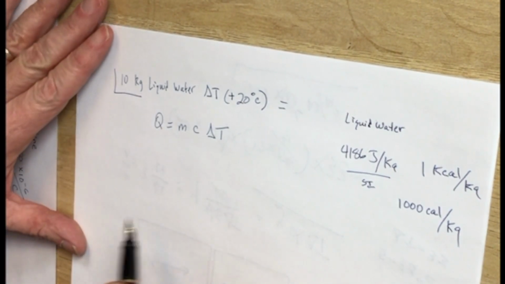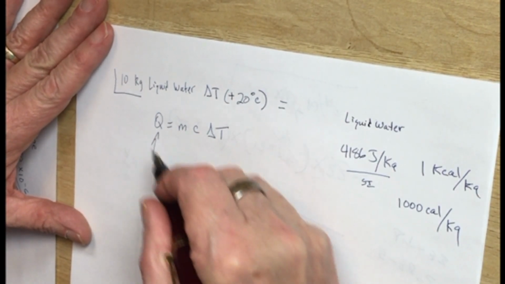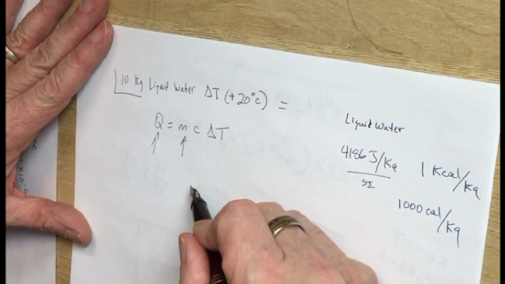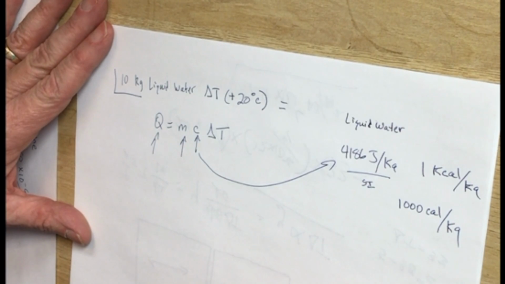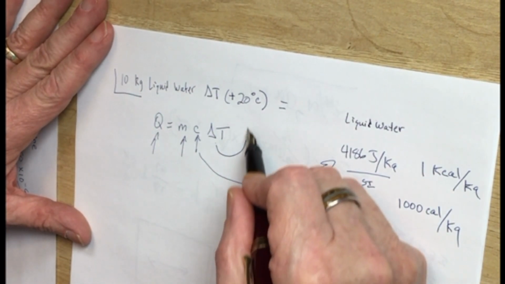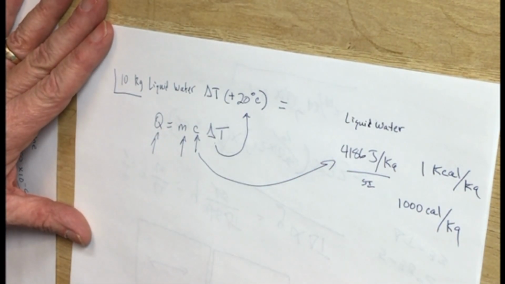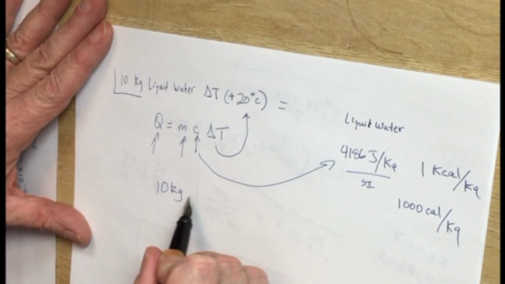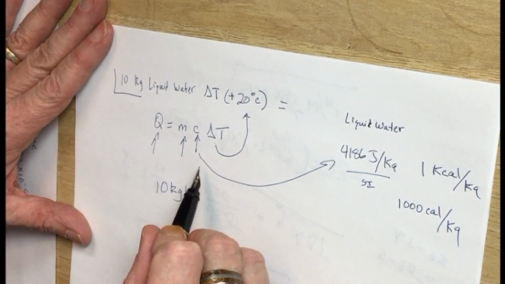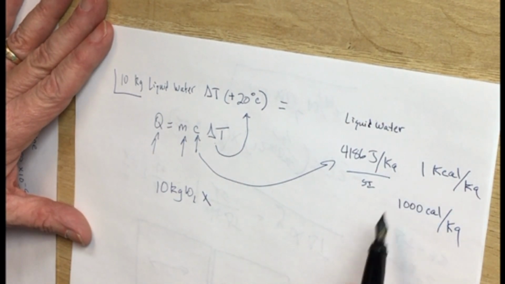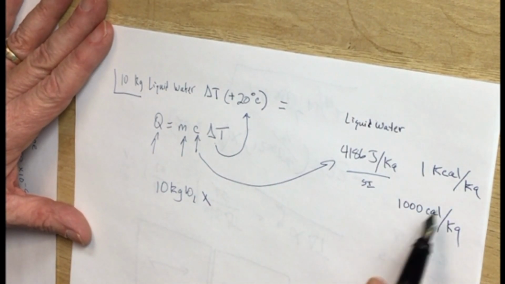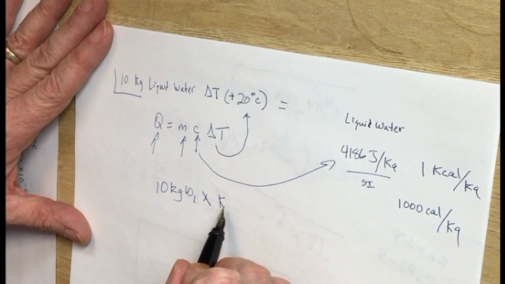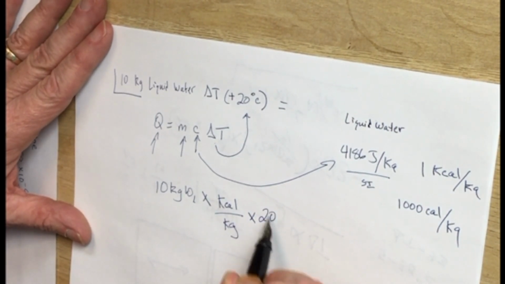So here's the formula. The heat is going to be the mass times the heat capacity times the temperature change. So if we have 10 kilograms of liquid water, we're going to multiply that times, let's do it in kilocalories per kilogram, times the change in temperature, which is 20 degrees, and that should be pretty simple to figure out.